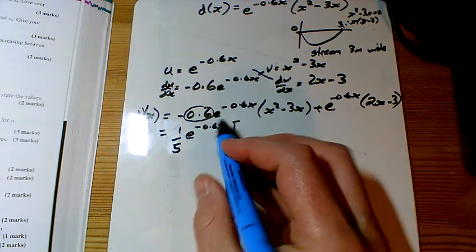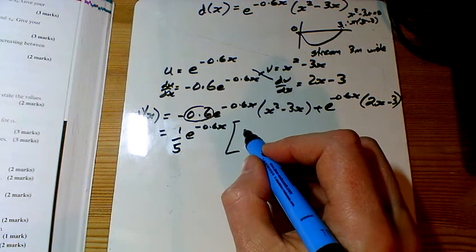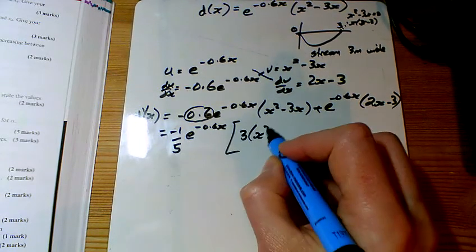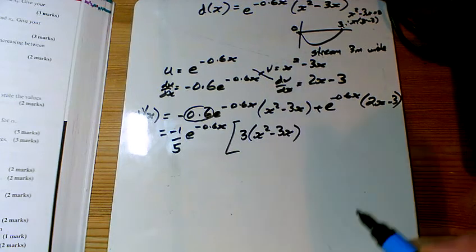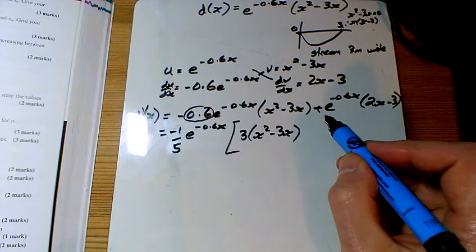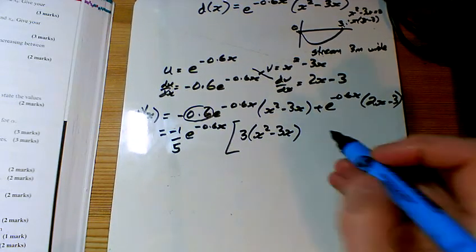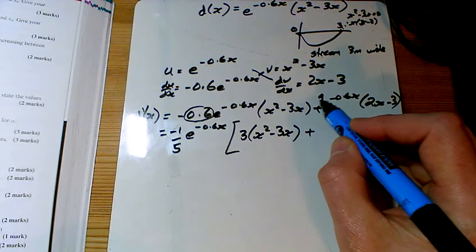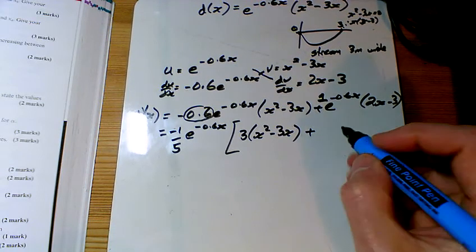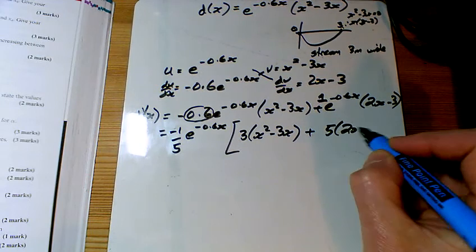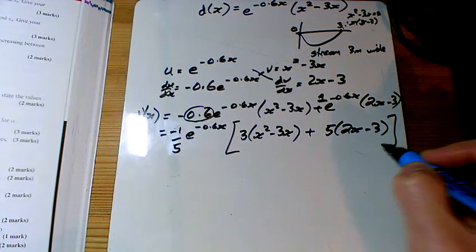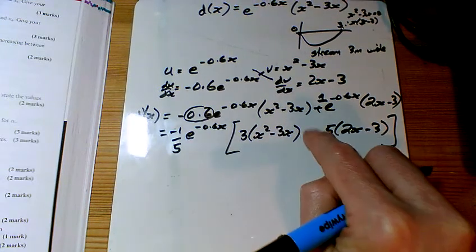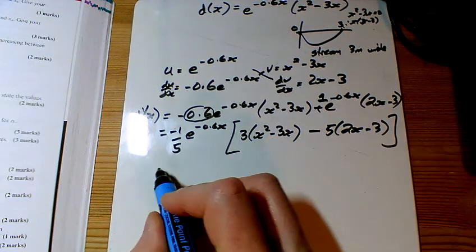So what we've got here is 3 lots of, we're taking the minus out as well, 3 lots of x squared minus 3x. If we're taking a 1/5 out of this, well, there's no fraction here, so we've got a 1 here, and 1 is 5/5, so I've got 5 lots of those. And even then I've made a mistake, because this is a minus, so we're going to need minus minus in all of that.